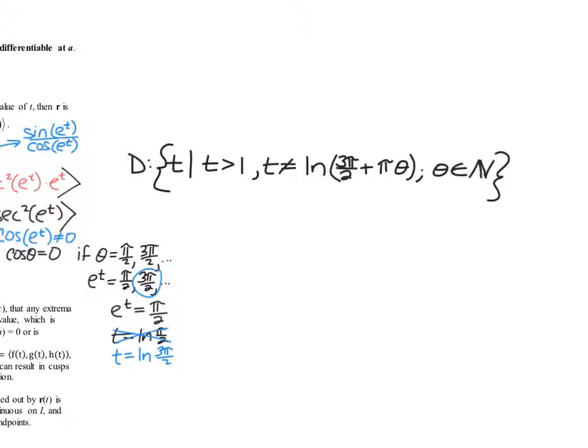Exactly. You wouldn't get points off if you stated that? Well, if you included the natural log of pi over 2, that would be fine because you're saying it can't be included. And since you've already said it, yeah, it's redundant, but it's not wrong. It's just a little overkill, but we can live with it.